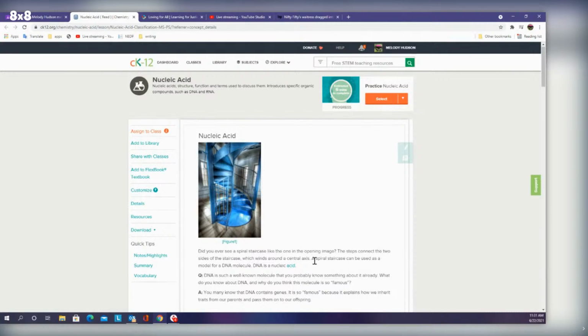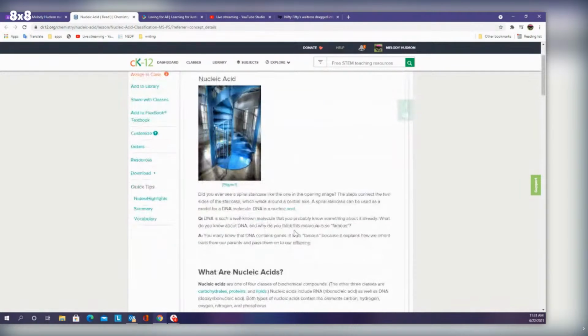Well, that spiral staircase can be used as a model for a DNA molecule. DNA is a nucleic acid, right? DNA is such a well-known molecule that you probably know about it already. Question for you: what do you know about DNA and why is this molecule so famous?